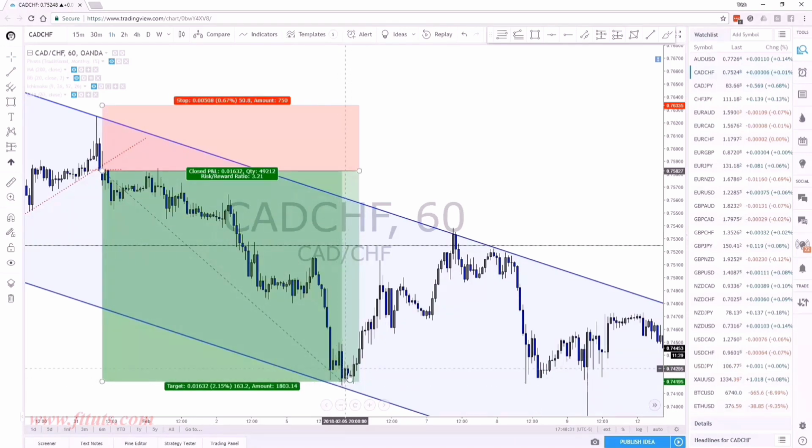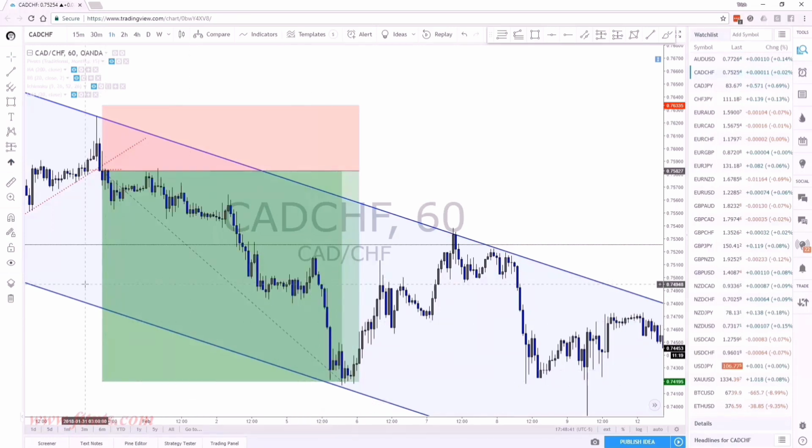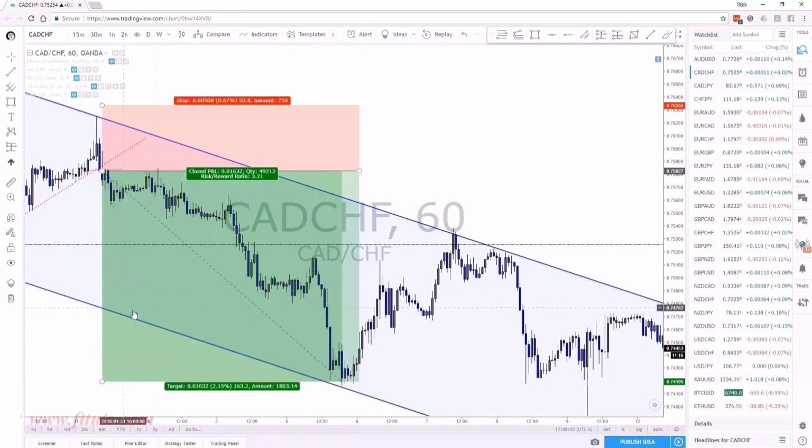Once it started throwing pins to the bottom of this channel trend line, then you're definitely going to want to get out, because if it goes any further, then you're going to have to widen out the channel. But this is a perfect entry anyways, because you had, like I said, a 3R trade, and you just can't be unhappy with that. Secure the bag, move on to the next trade.